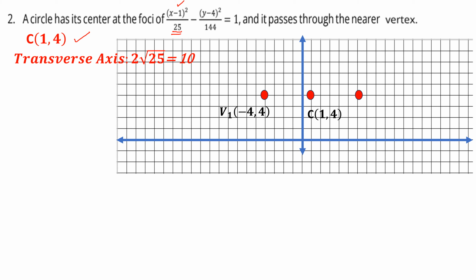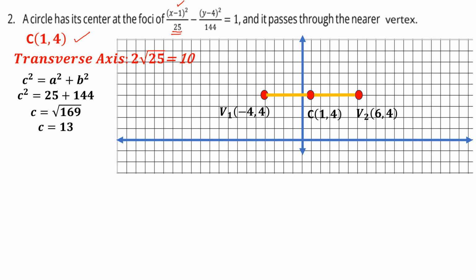And after which, it is being described that the circle has its center at the focus, and that it passes through the nearer vertex. So therefore, what shall we do next? We are going to, okay, therefore the entire length of the transverse axis is 10, and then let's proceed to finding the foci of the hyperbola.